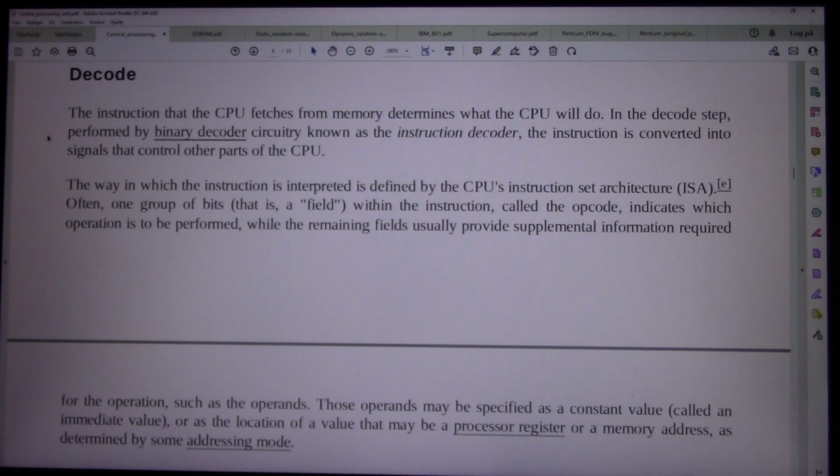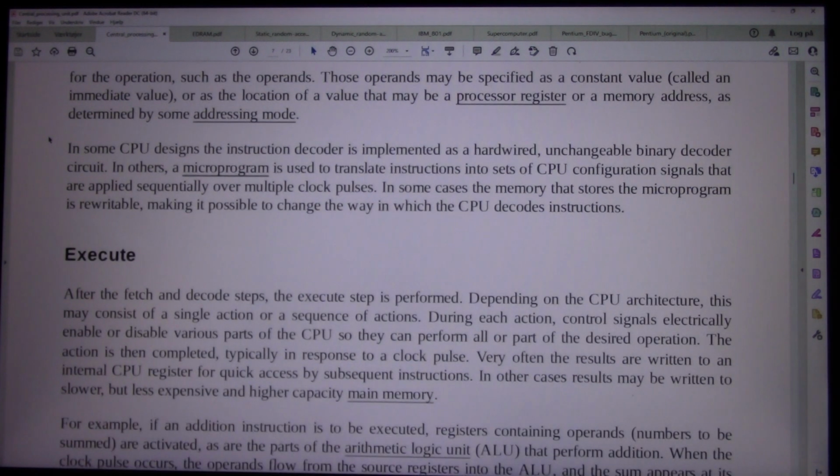The way in which the instruction is interpreted is defined by the CPU's instruction set architecture, ISA. Often, one group of bits, that is, a field, within the instruction, called the opcode, indicates which operation is to be performed, while the remaining fields usually provide supplemental information required for the operation, such as the operands.